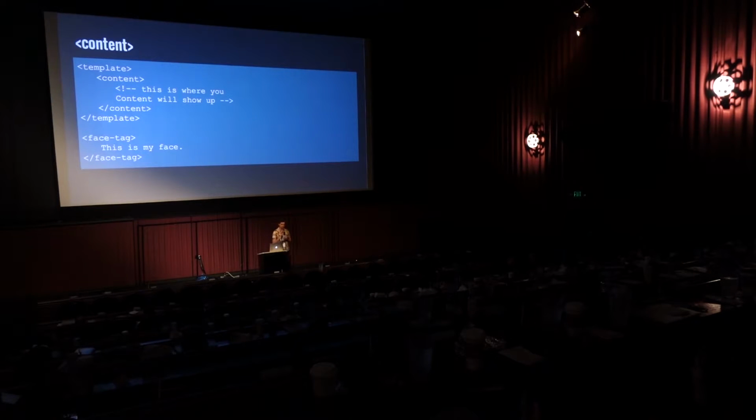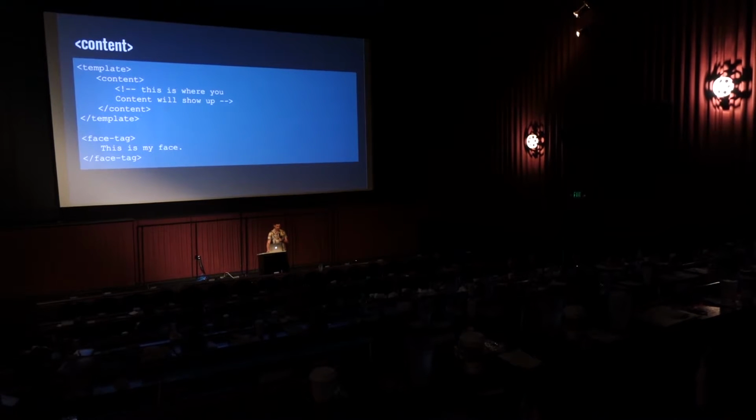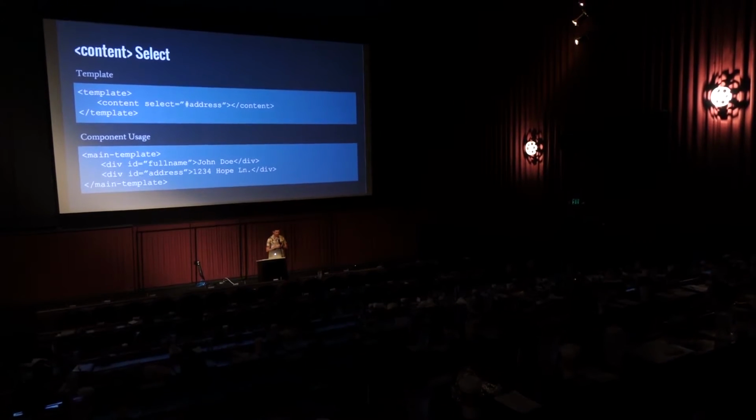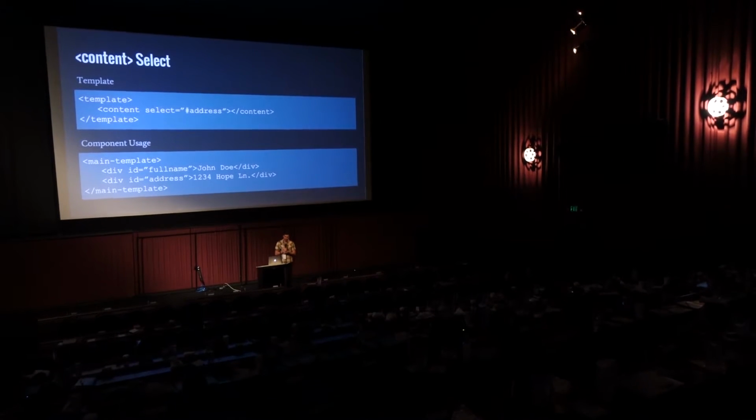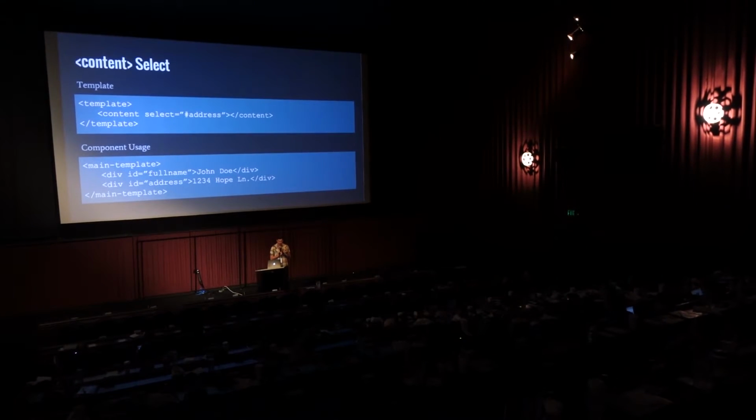If you had the user's name first and then below it you output the content tag and you're passing an image, it will place it wherever you put the content tag. But the content tag has an extra piece of functionality with a select attribute, and this is pretty cool. The select attribute is a value of a CSS selector.